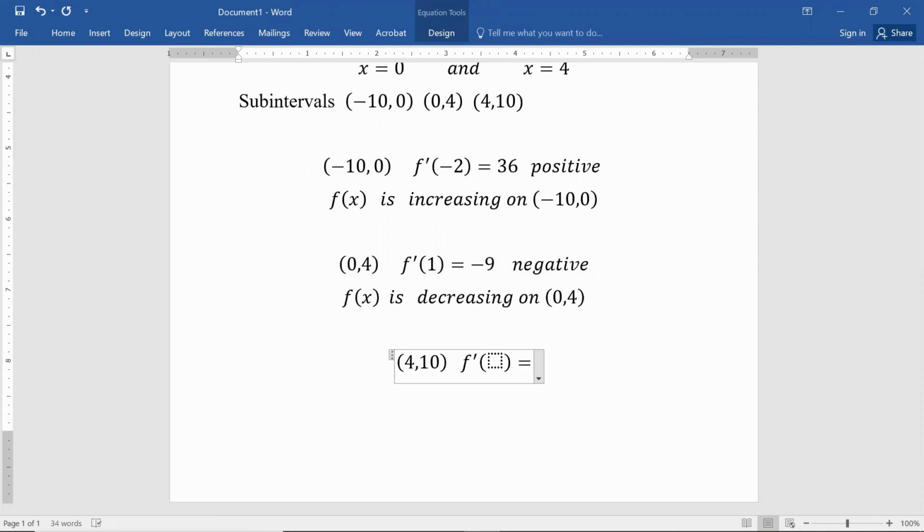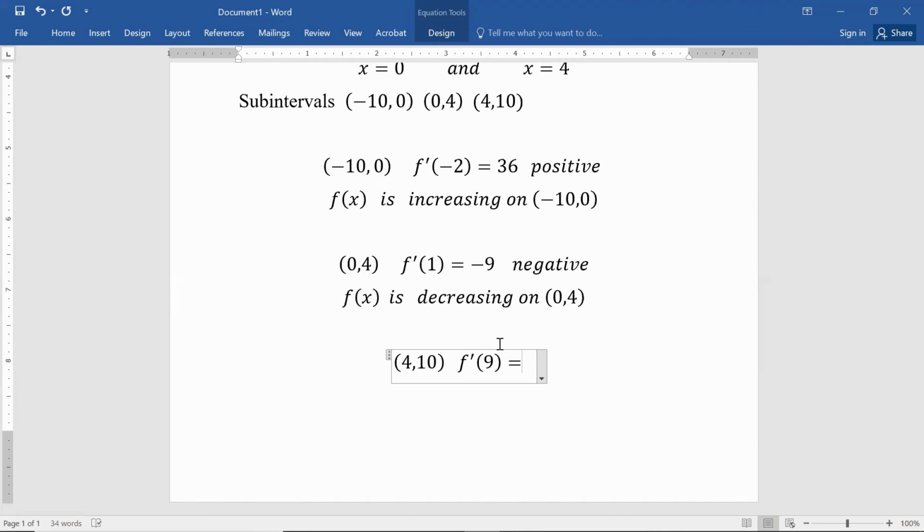The derivative in that interval is either going to be positive or negative. So let's plug in a number between 4 and 10. It doesn't matter which one you choose. I'm going to plug in 9. If you wanted to plug in 6, or 5, or 7, be my guest.